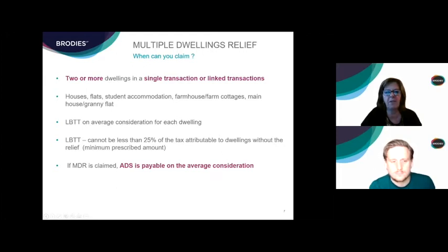And this means that you pay LBTT on the average consideration for each dwelling, with a sort of minimum cap that the LBTT can't be less than 25% of the tax attributable to the dwellings without the relief. If MDR is claimed, ADS is payable on the average consideration.